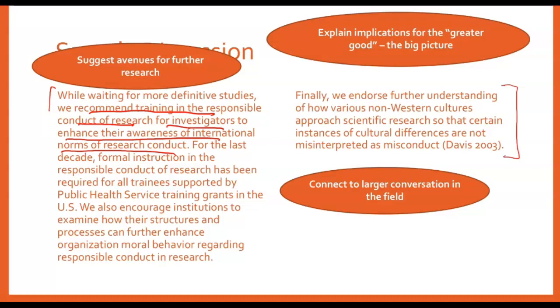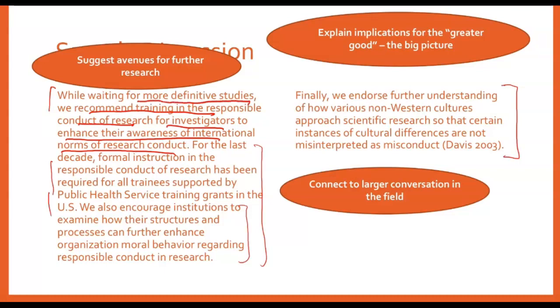And here again is the context. For the last decade, formal instruction in the responsible conduct of research has been required for all trainees for public health service training grants in the U.S. These are NIH grants, which my colleagues' program is funded with as well. We also encourage institutions to examine how their structures and processes can further enhance organization, and so on. So here, the avenue for further research is kept fairly small, more definite studies.